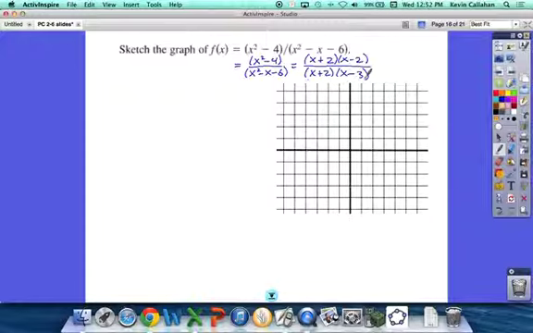What we'll see here is that this is different than the other problems that we've done up till now, because this time one of the factors in the denominator is shared with a factor in the numerator.